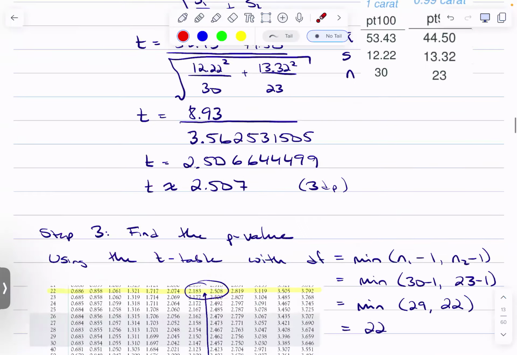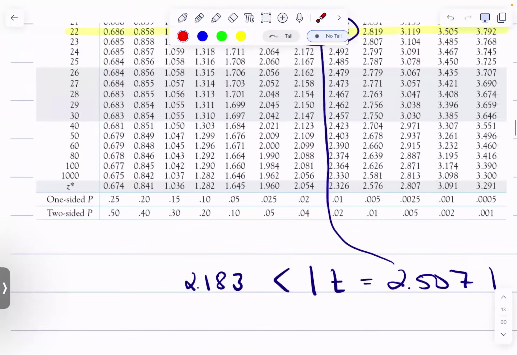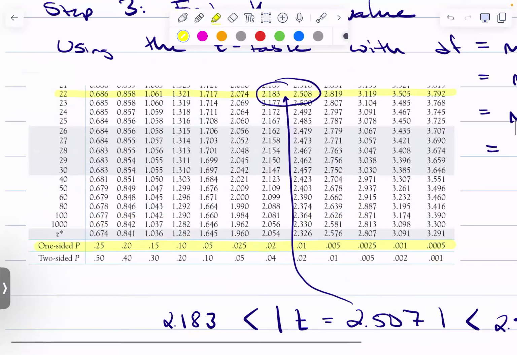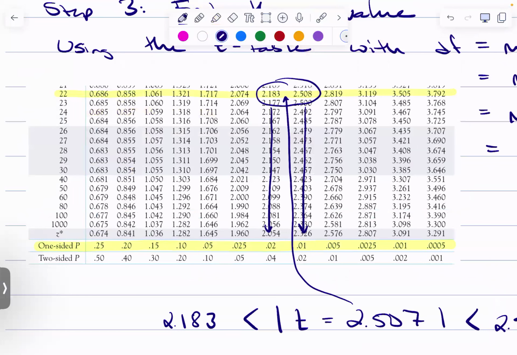So what I'm looking for is a one-sided p-value. And if I trace this down, I find that my one-sided p-value is somewhere between 0.01 and 0.02.